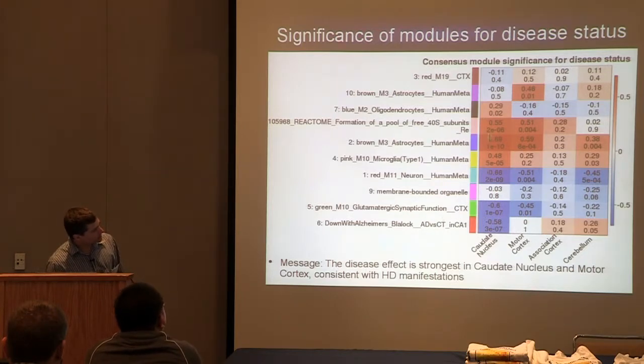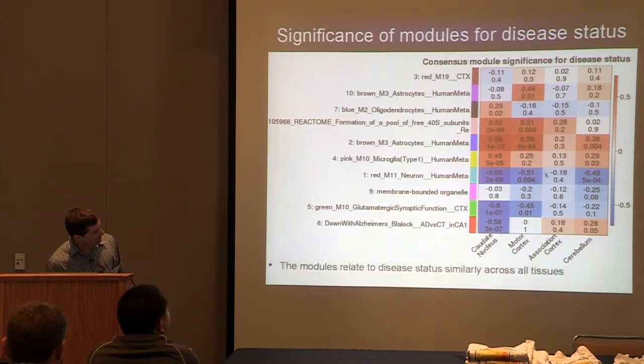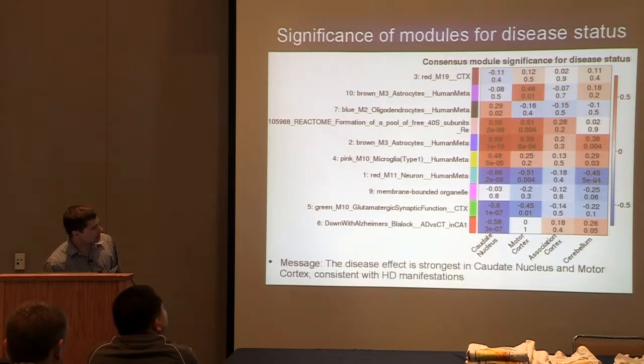And if you look at the intensity of the colors, you will see that, yes, the caudate nucleus is probably affected the most. The motor cortex may be affected slightly less. And then the association cortex and the cerebellum are affected less again, but they are still affected. The effect is pretty consistent across all 4 regions.